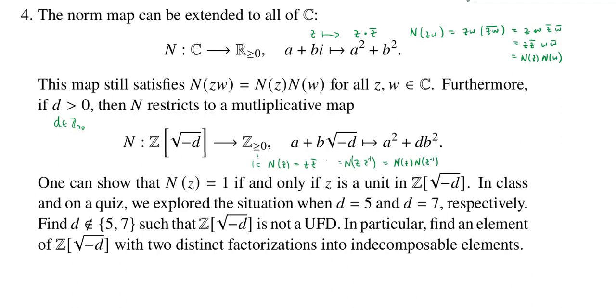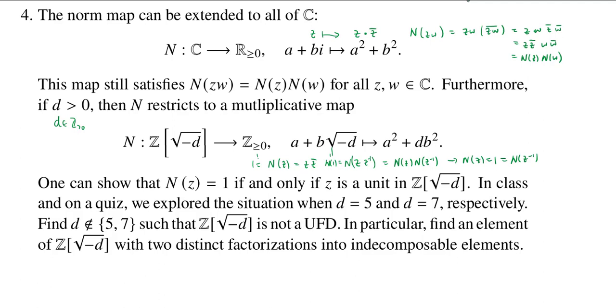But this is of course equal to N of 1, which is 1. So 1 is equal to this product, but how is that going to be possible if I have non-negative integers? Well, only if both of them are equal to 1. And so that tells me that the norm of z is 1 if we know that z is a unit. All right, so that's true.